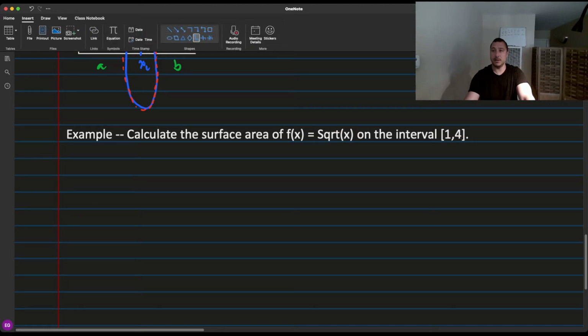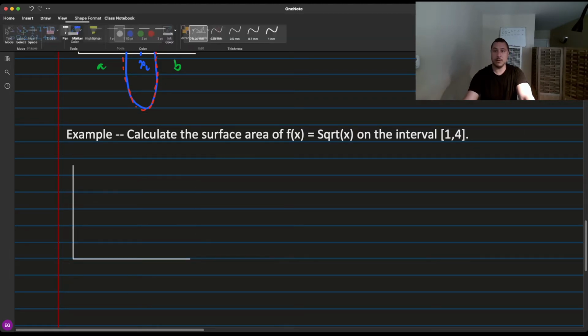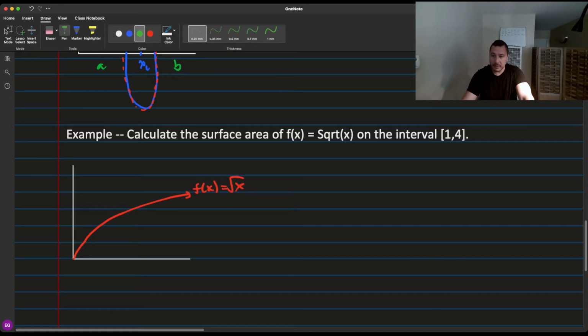So if we look at the shape, our square root x looks something like that. We're going from 1, 2, 3, 4. So you can imagine if you revolve that around, you get this sort of cone shape, and you want the surface area that you get.